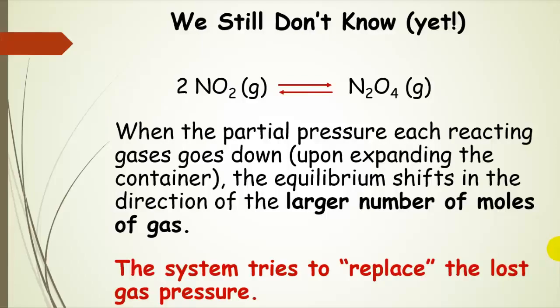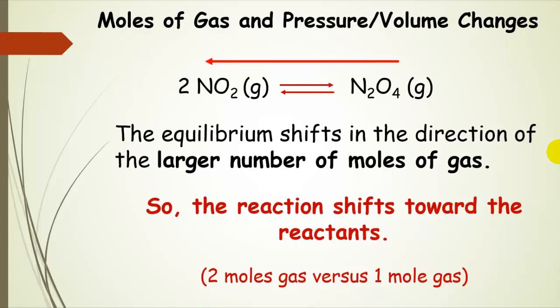We've reduced those partial pressures, and now it wants to replace them. It wants to counteract what we did. So the system is going to shift in the direction of the larger number of moles of gas, toward nitrogen dioxide. As this equilibrium shifts toward the larger number of moles of gas, it's going to go toward the reactants, which is basically 2 moles of gas versus 1 mole of gas.